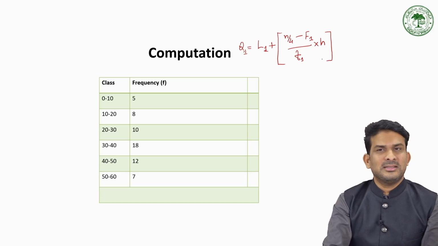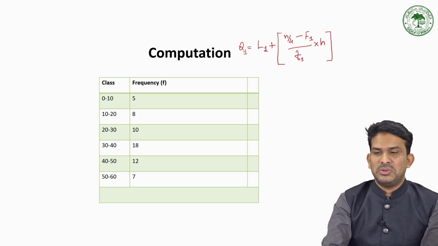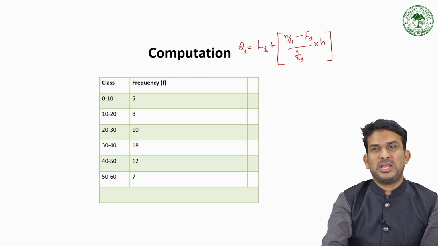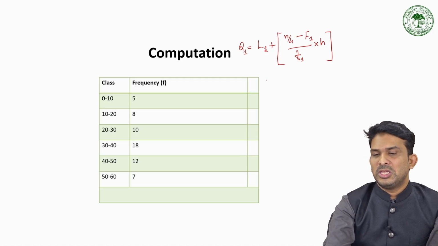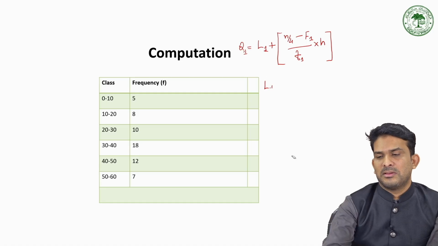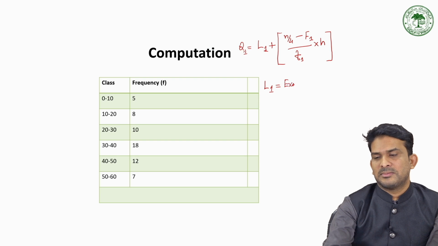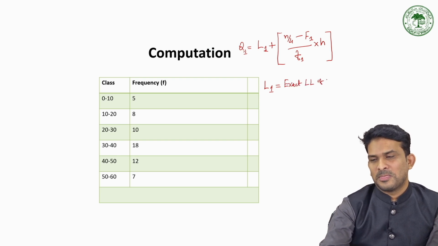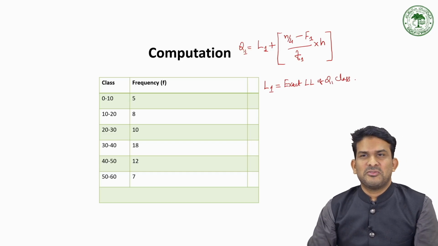Let me write the explanation of each term. Q1 is first quartile, we know. L1 is the exact lower limit of, yes, what class? Q1 class. We are talking about Q1. Exact lower limit of Q1 class.